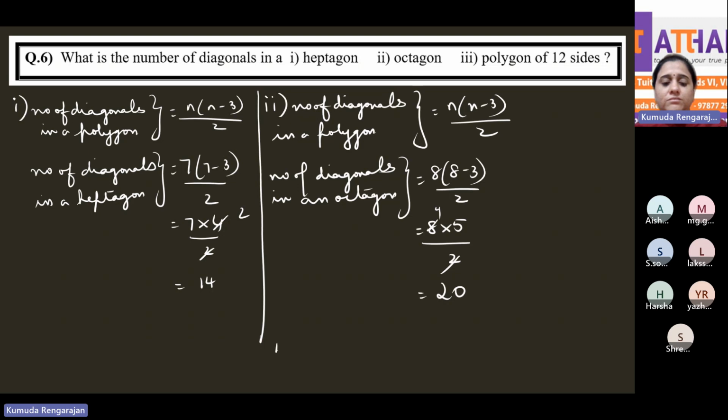So 12 sides will be 12 into 12 minus 3 by 2.